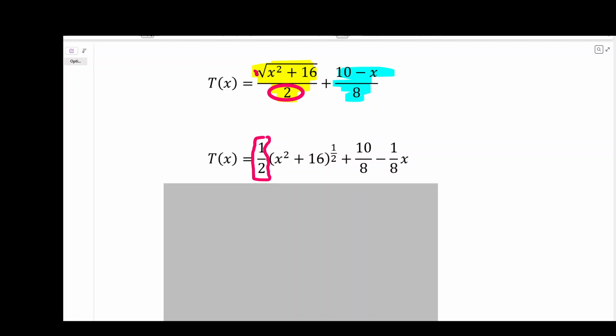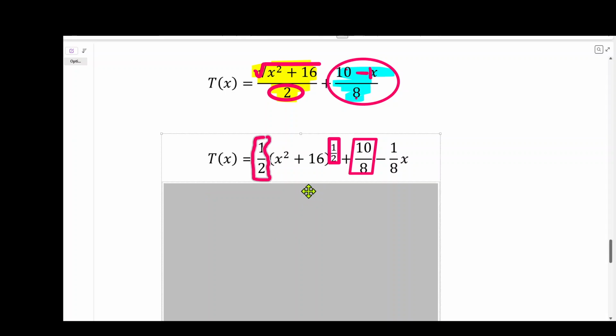And of course, I'm going to take the square root sign that you see and write it as exponent 1/2. And then what did I do with the blue? All I did was separate that into 2 different fractions. So I have 10 over 8, and then I have -1 over 8. And yes, that would reduce, but I'm about to take the derivative, and it's a constant term, so I don't really feel like I need to reduce it. Okay, so let's keep going.